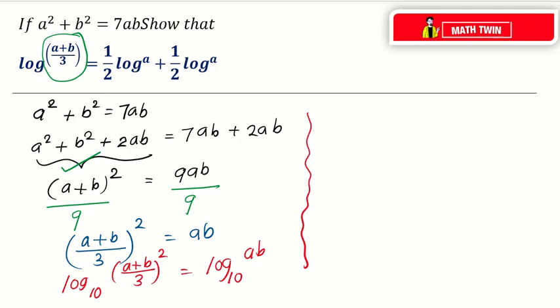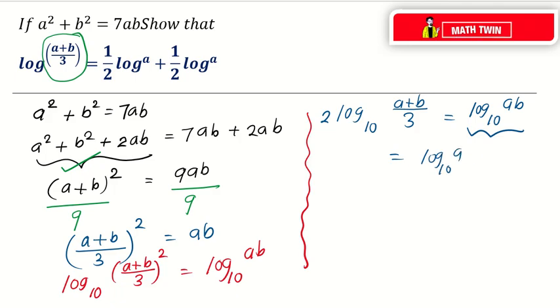Using the log rules, the LHS can be written as 2 log base 10 of (a plus b over 3), and the RHS as log base 10 of a plus log base 10 of b.